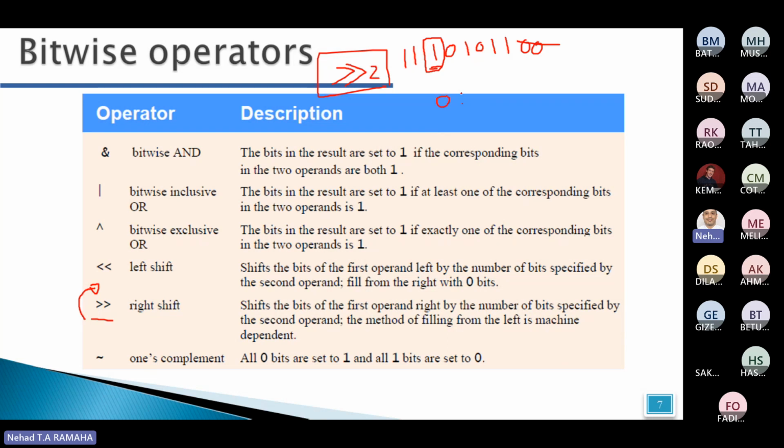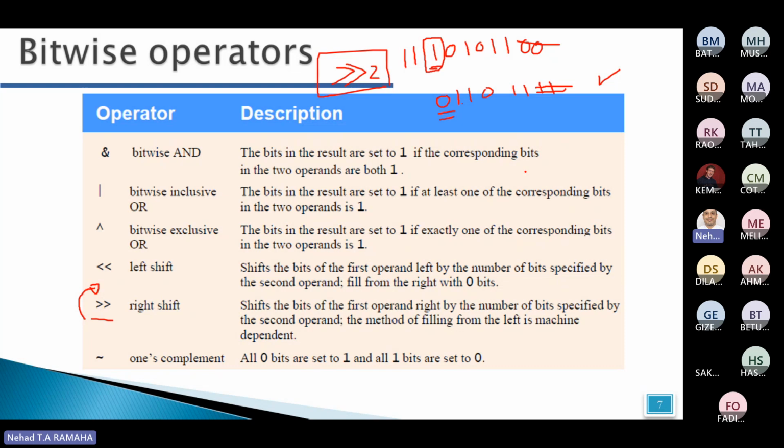Okay, look at this number: 0, 1, 1, 0, 1, 1, 1, 1. Also, it's a signed integer. But the sign, as you can see, is 0. Now we want to shift 2 digits to the right.